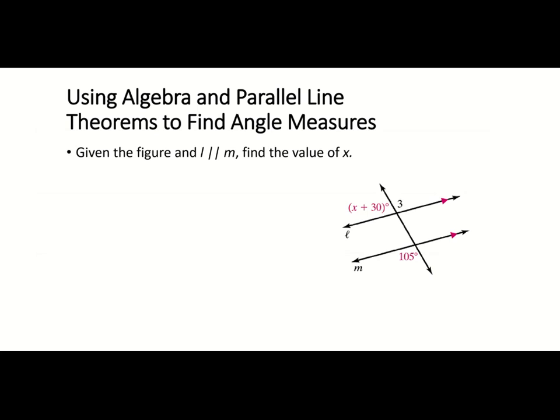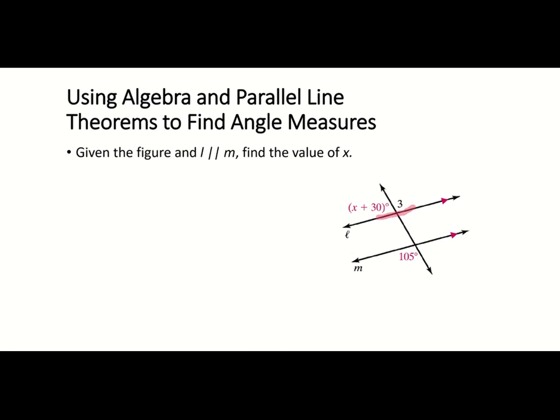Okay, and the last question they're going to give us for section 3.3 is we need to find the value of x. Now, when I look at my picture, I know that angles x plus 30 and 3 are a linear pair.